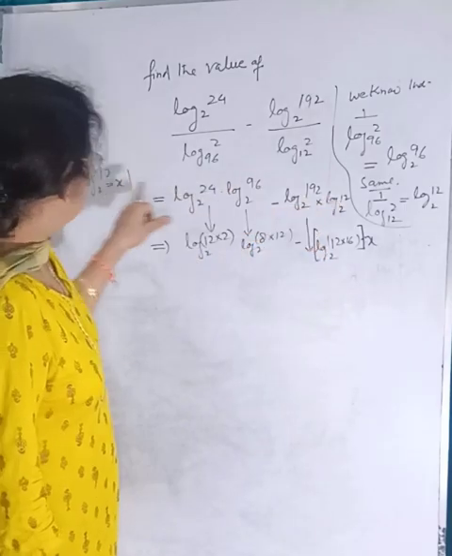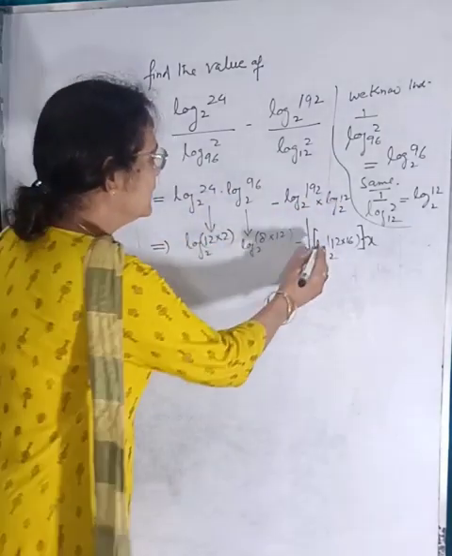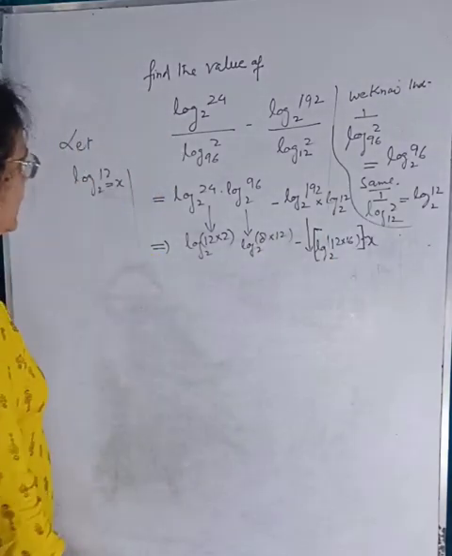This is, we have assumed x into x inside the bracket. Okay, clear?